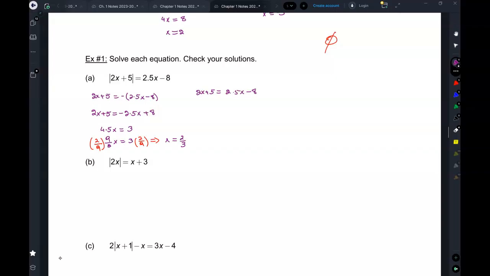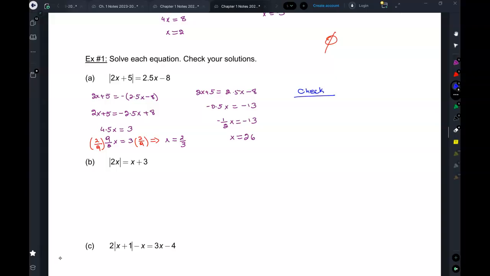Okay, here, let's subtract. I'm going to get negative 0.5x is equal to negative 13. Well, negative 0.5x is negative 1/2. And so x is equal to positive 26. Okay, well, let me not circle it because we still have to check. So let's go ahead and check.